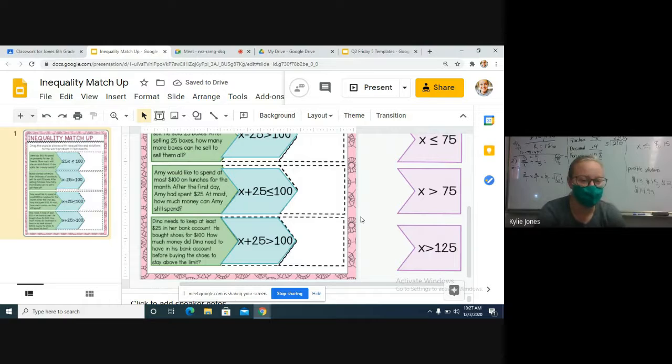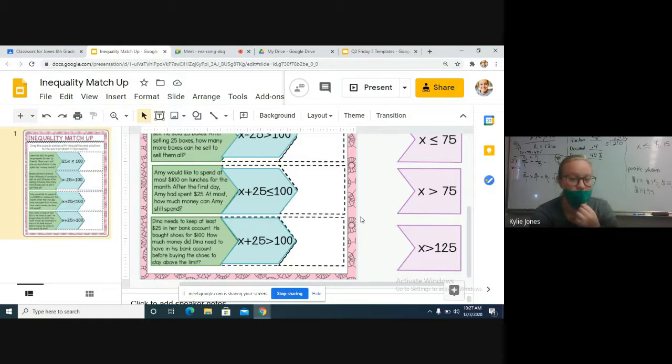This one says that Dina needs to keep at least $25 in her bank account. They switch pronouns in this. Anyway, she bought shoes for $100. How much money did Dina need to have in her bank account before buying the shoes to stay above the limit?